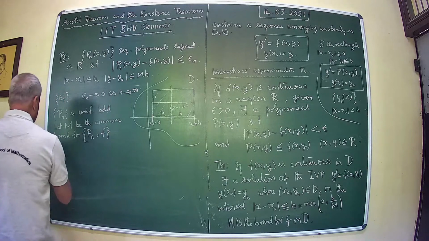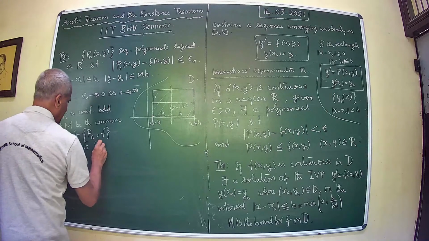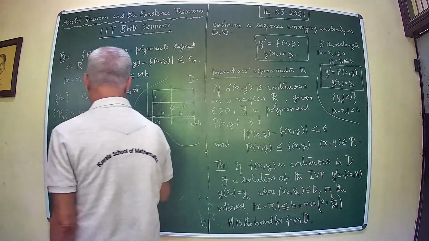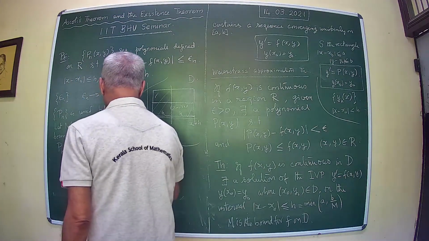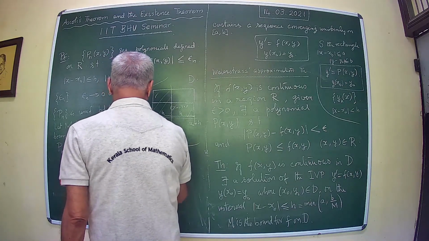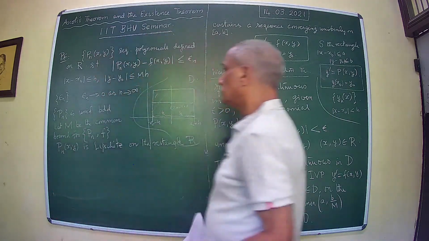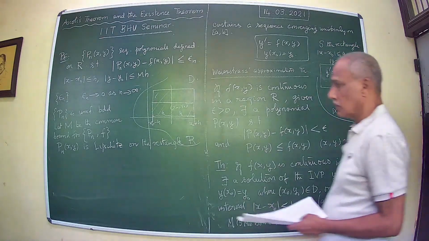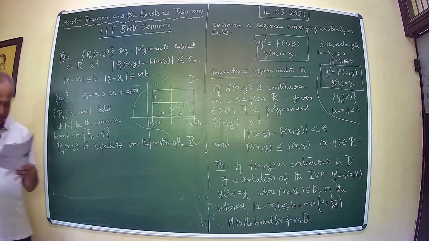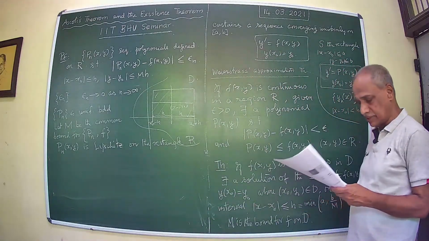So Pn of xy satisfies the conditions of the theorem. That is because they are polynomials. Polynomials are just nice functions. So you can easily prove that they satisfy the same conditions.